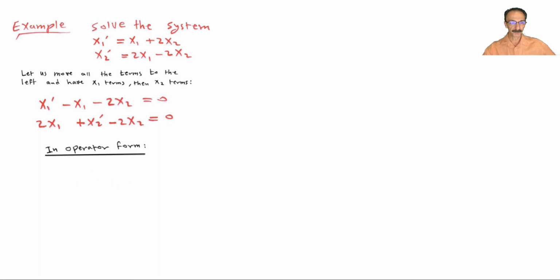In operator form, this right here is D times x1, which is x1 prime, minus 1 times x1, which is minus x1. These two will be written in operator form again, same style. So we go (D minus 2) times x2 right there. Okay, that's kind of neat.